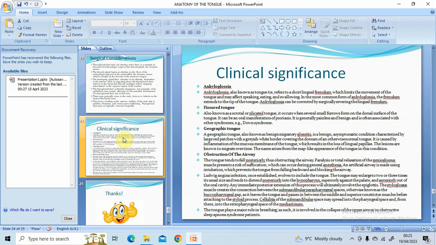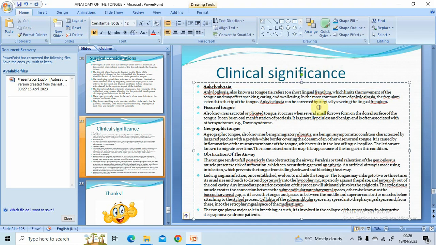Okay, now the clinical significance. I'm going to mention a few. The first one is ankyloglossia. When I talked about the lingual frenulum, which is a small midline septum that connects the floor of the mouth to the underside of the tongue, sometimes this lingual frenulum may appear short, or it may extend to the tip of the tongue.